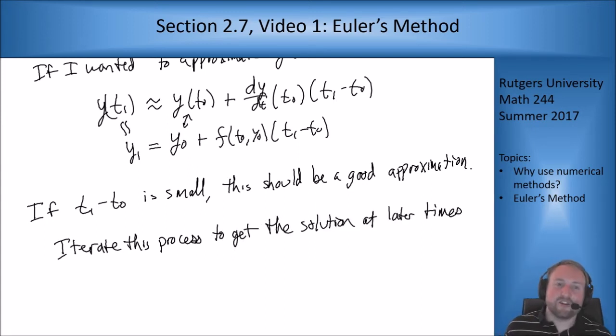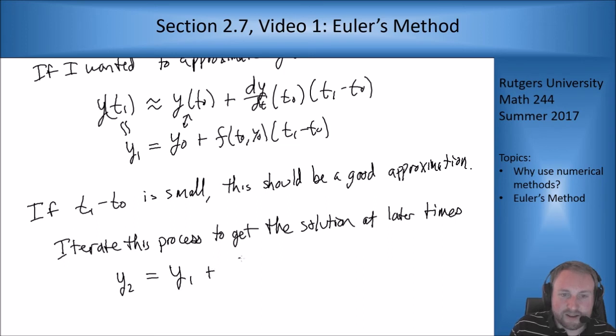The main issue here is that for the first step, we know we're starting at the right spot, t0, y0. But now for our second step, all we have is this y1. We don't know what y of t1 was supposed to be. So for the second step, y2 is going to be y1 plus f of t1, y1 times t2 minus t1.